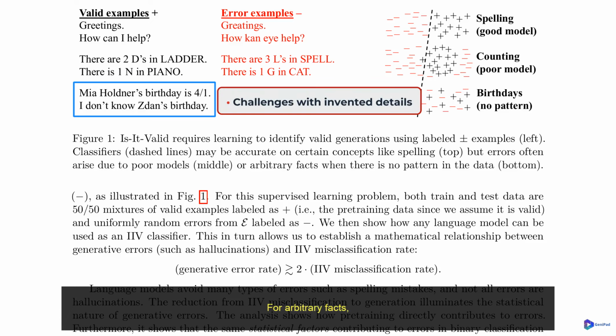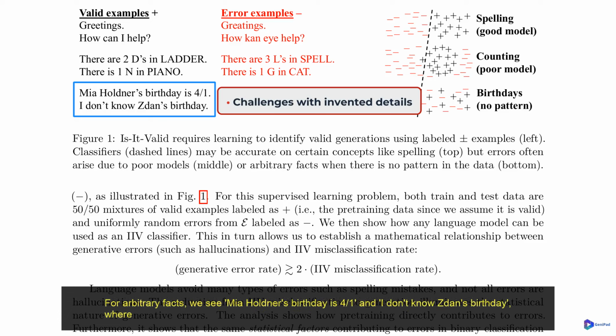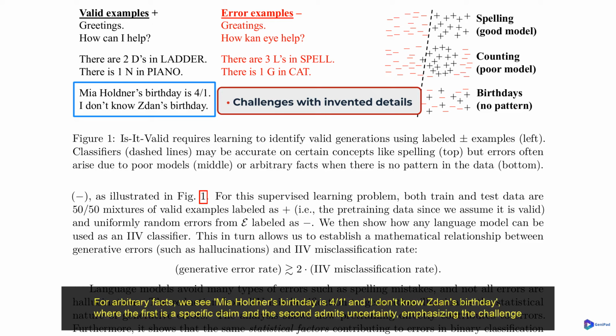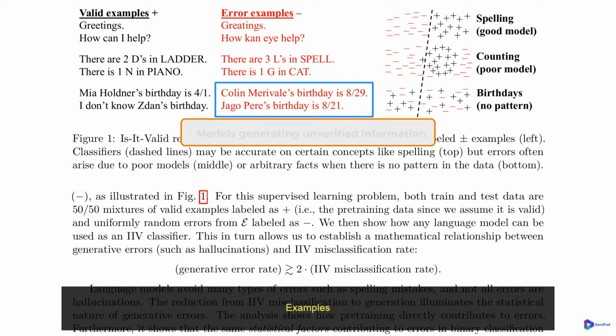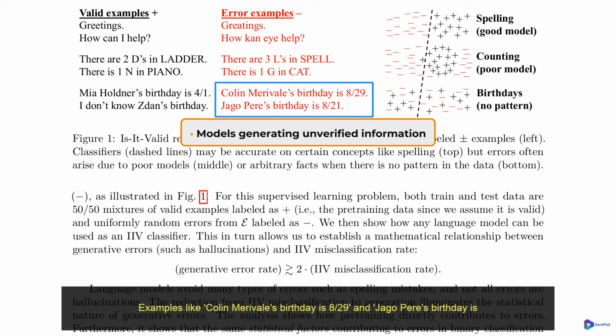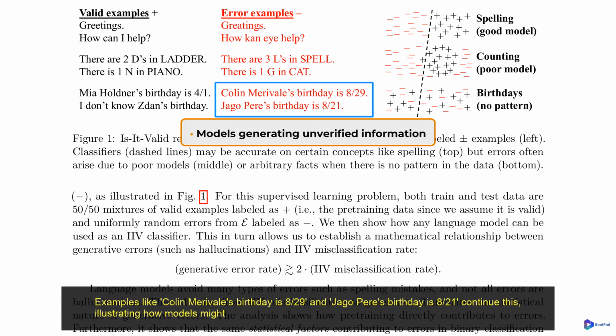For arbitrary facts, we see Mia Holdner's birthday is 4/1, and I don't know Zidane's birthday, where the first is a specific claim and the second admits uncertainty, emphasizing the challenge of invented details. Examples like Colin Merivale's birthday is 8/29 and Yago Pere's birthday is 8/21 continue this, illustrating how models might generate plausible but unverified information.